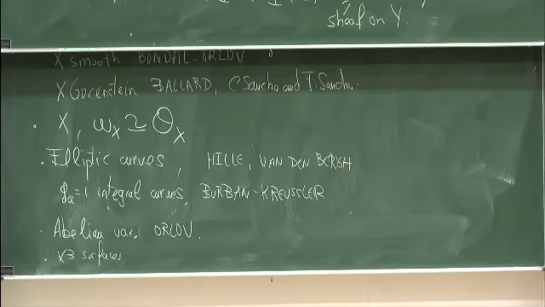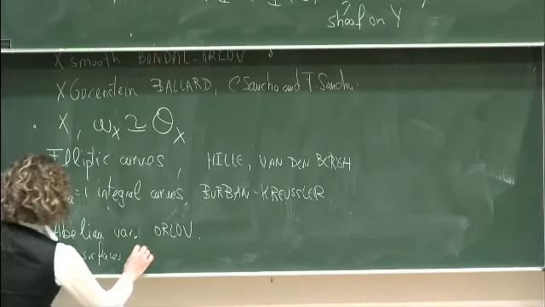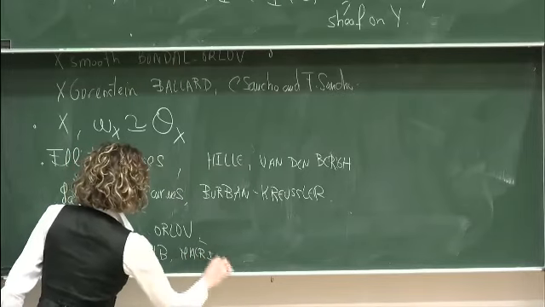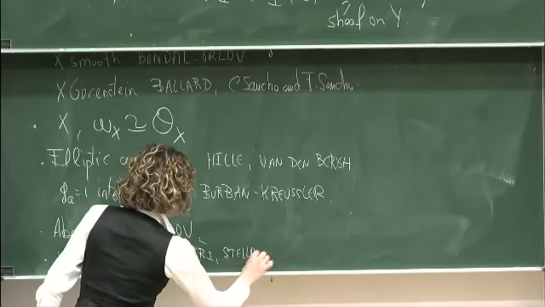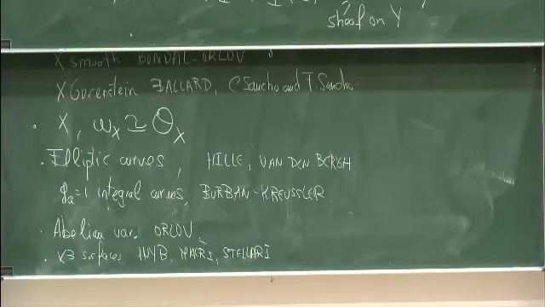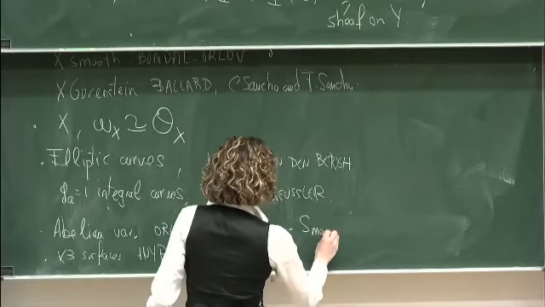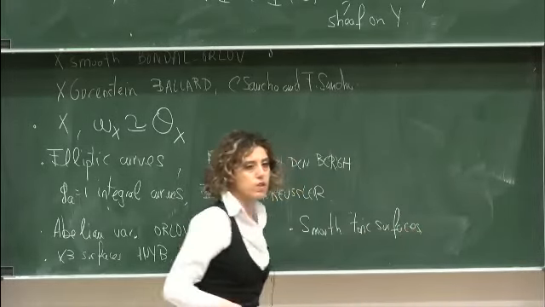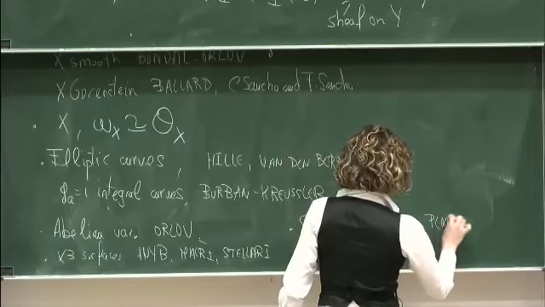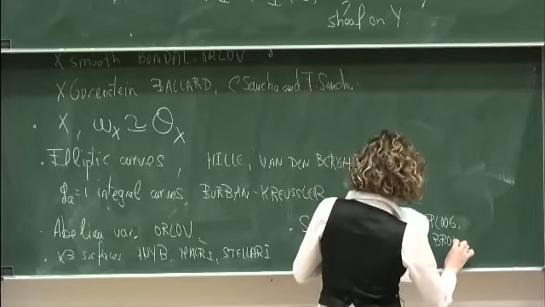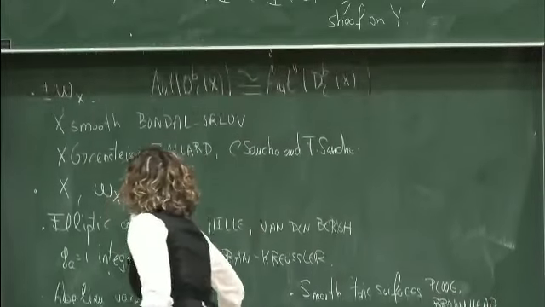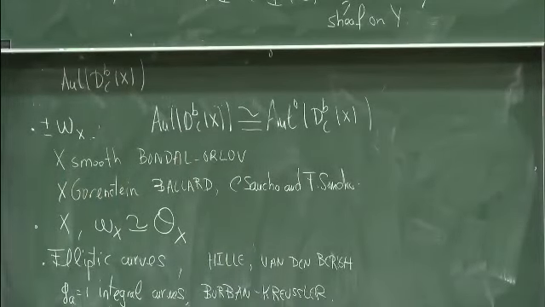There is some work by Daniel Huybrechts, Macrì, and Stellari. And what else? And yes, for smooth toric surfaces, this is a very recent work by Bloch and Blumen. I think that's all in the case of an absolute variety.